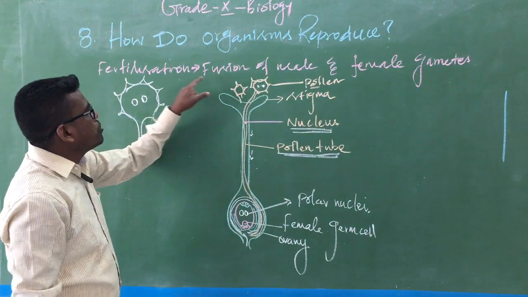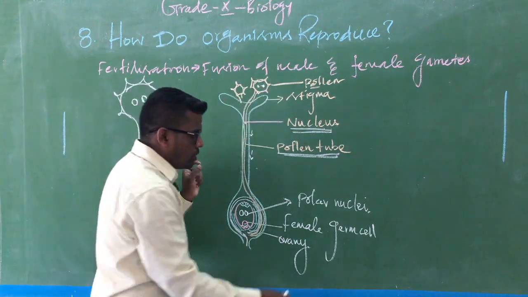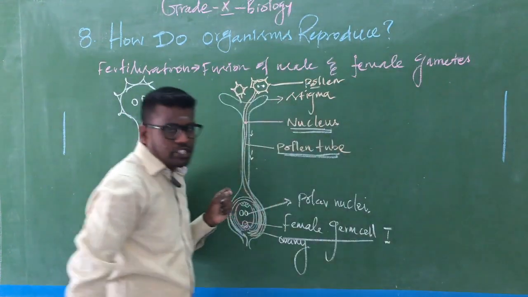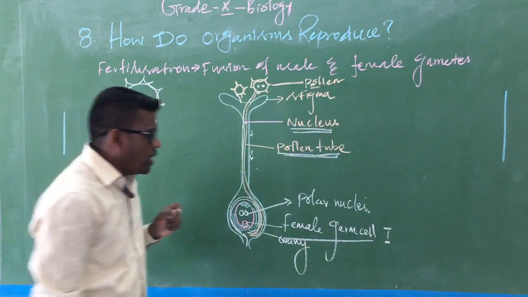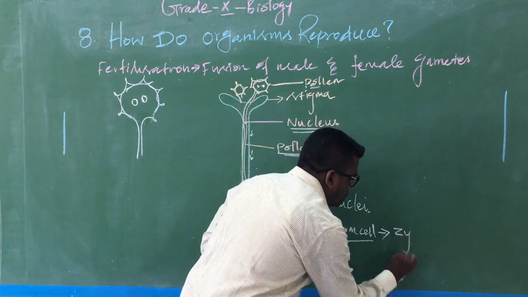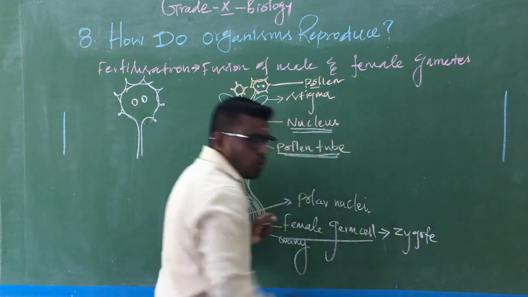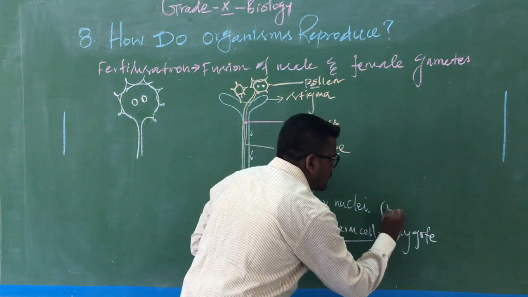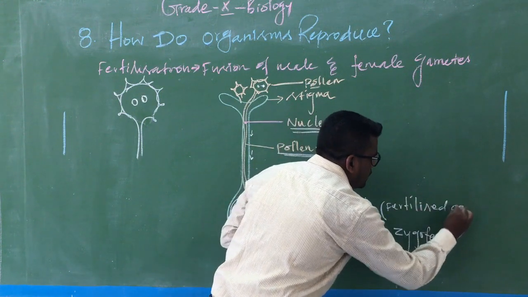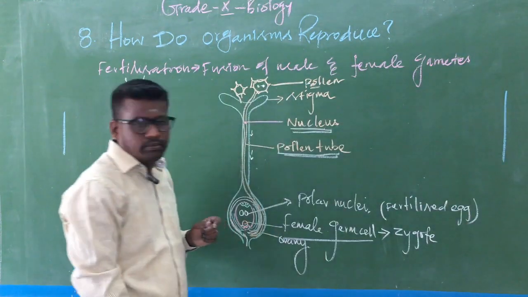Fusion of male and female gametes is called fertilization. Here fertilization occurs the first time. After fertilization, a zygote will form. What is a zygote? The fertilized egg is called the zygote.